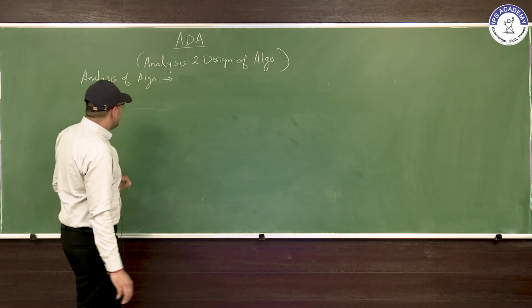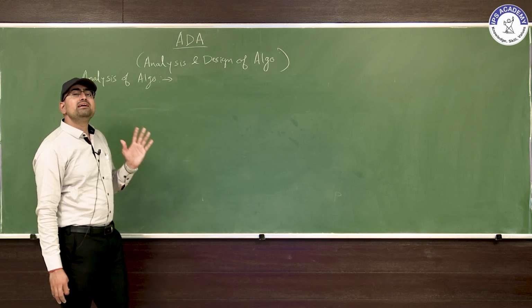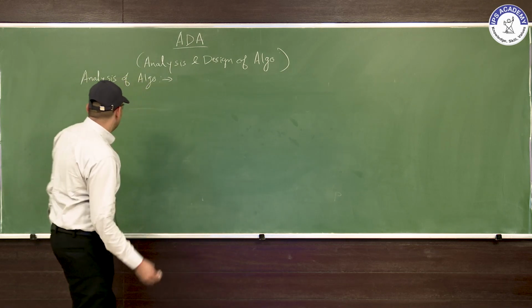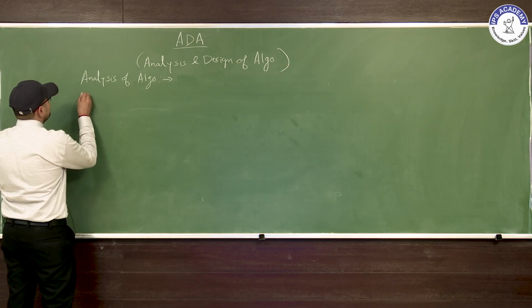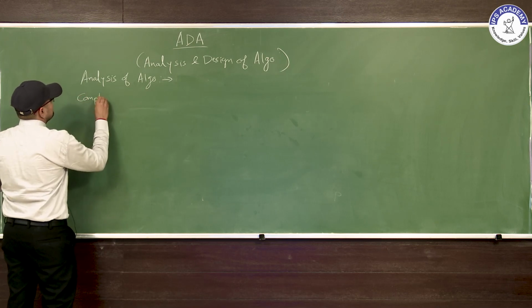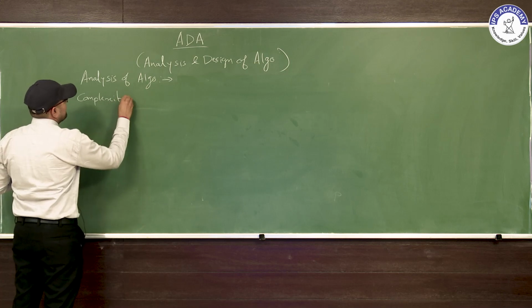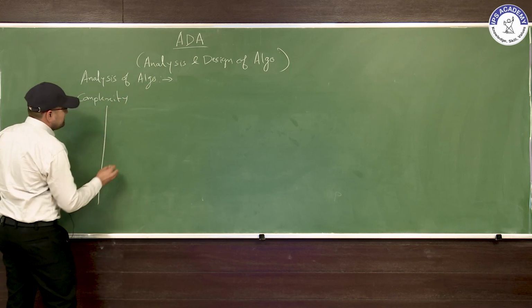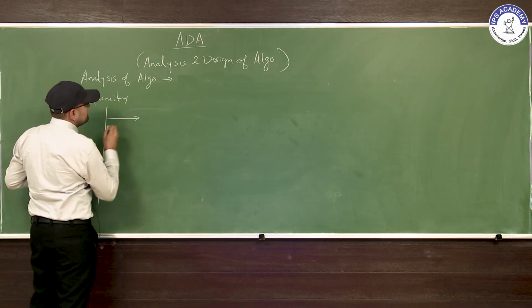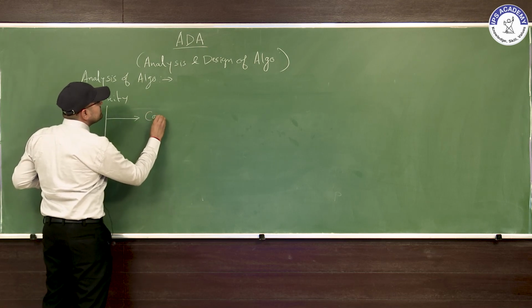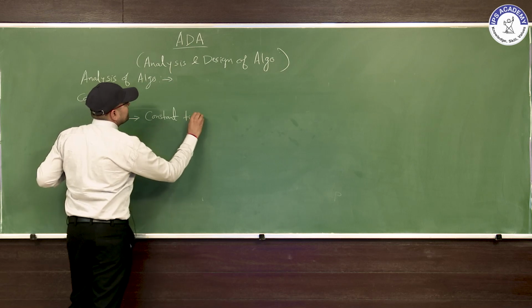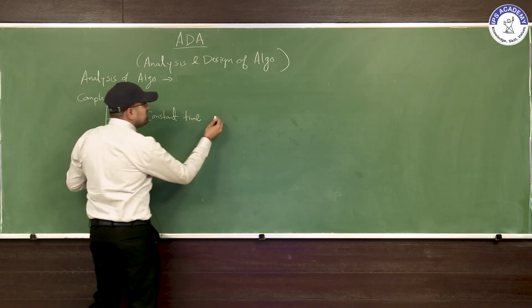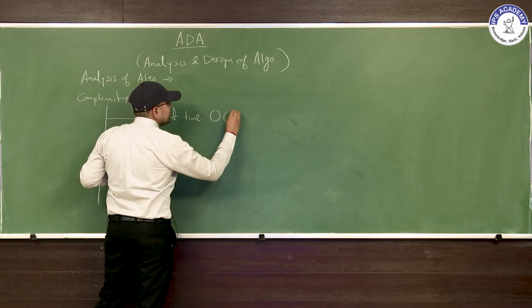So we are going to discuss some popular categories of complexity. First, constant time complexity, generally represented by order of 1.